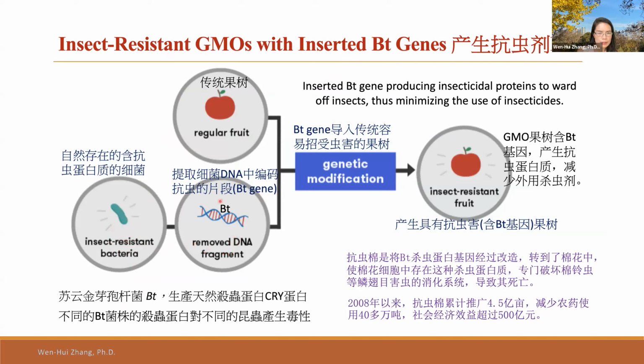Then you insert this Bt gene from the bacteria into the fruit. And then going through this genetic modification, the genetic engineering, the Bt from the bacteria is now in the fruit. So the fruit now has insect resistance.